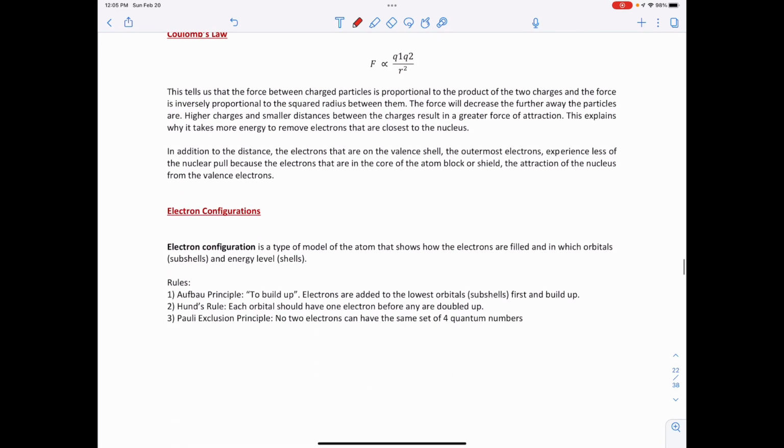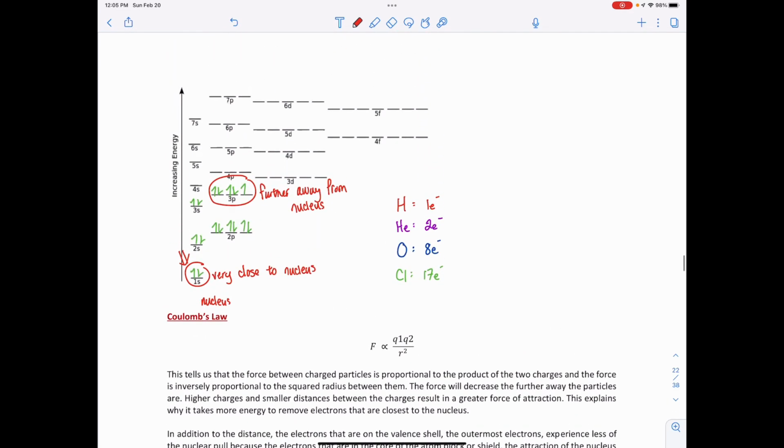Now, to represent or to draw these energy diagrams every time we talk about an atom is a painful process, right? If I want to show you what, let's say, iron is, the last thing I want to be doing is drawing this huge diagram and filling in 26 electrons. Or if I'm looking at silver or gold, I don't want to be drawing all these diagrams and potentially up to 100 different arrows.